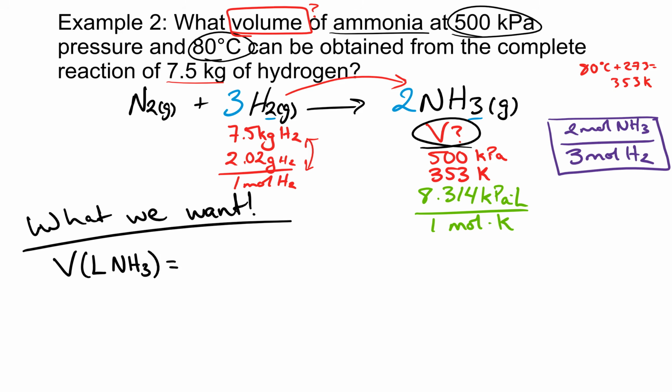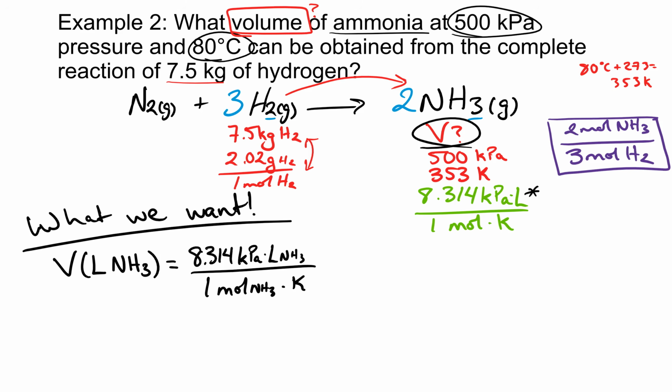Well, the only piece of information that has liters of ammonia or liters of anything here is my ideal gas constant. So that's what I'm going to start with. I'm going to start with 8.314 kilopascal liters of ammonia over 1 mole of ammonia Kelvin.